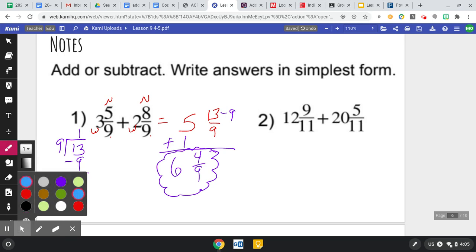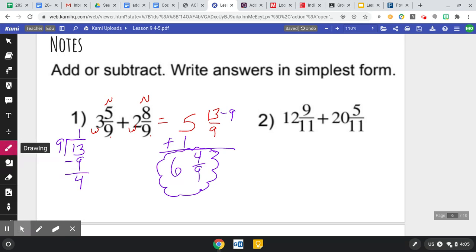Let's go with a different blue. Once again, they have the same denominator, so I know my answer is going to have 11 on the bottom. I don't need to change anything. Now I just need to add my 9 and my 5, which is 14. Then add my whole numbers of 12 and 20 to get 32.